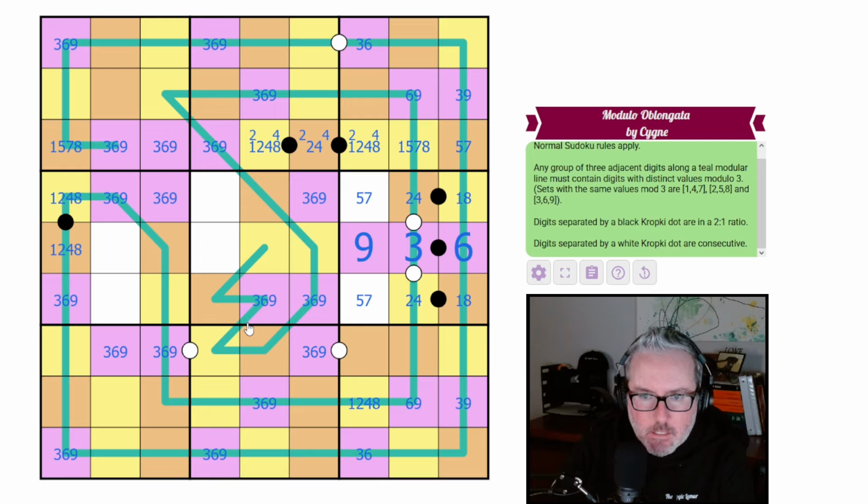What am I not seeing here that's painfully important to be able to figure out what we're doing? One of these two is a 9. One of those two is a 9. Nothing else is on those that's pointing at anything.